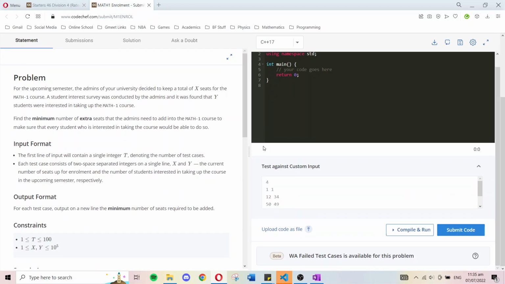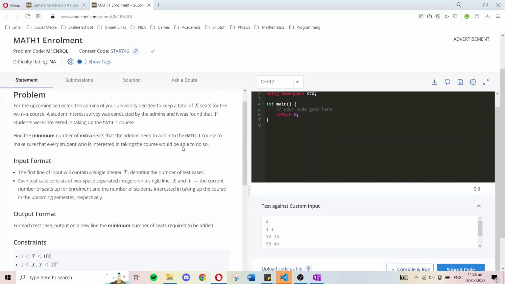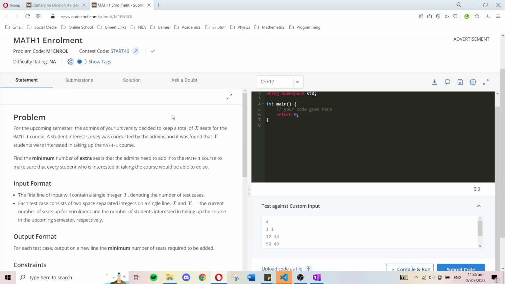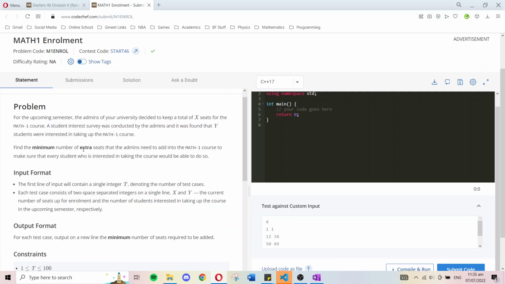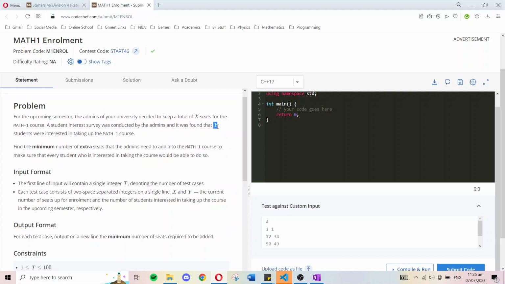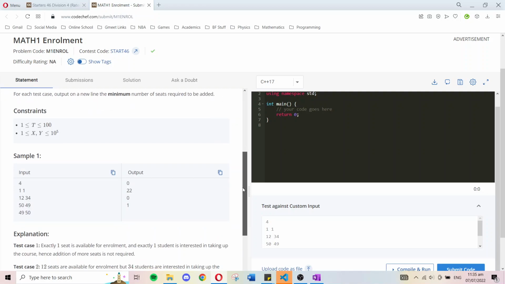So, math enrollment. What is this problem? Basically, you currently have X seats, and you have Y students. What is the minimum number of extra seats you need to get in order to allow all Y students to sit? There are three cases.